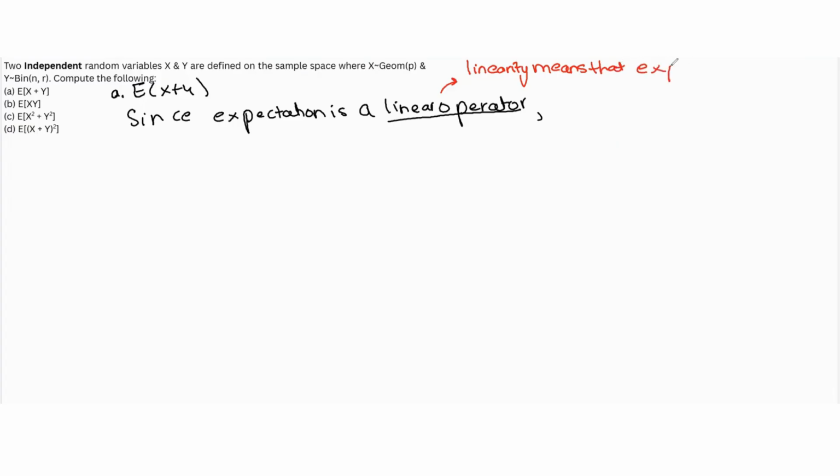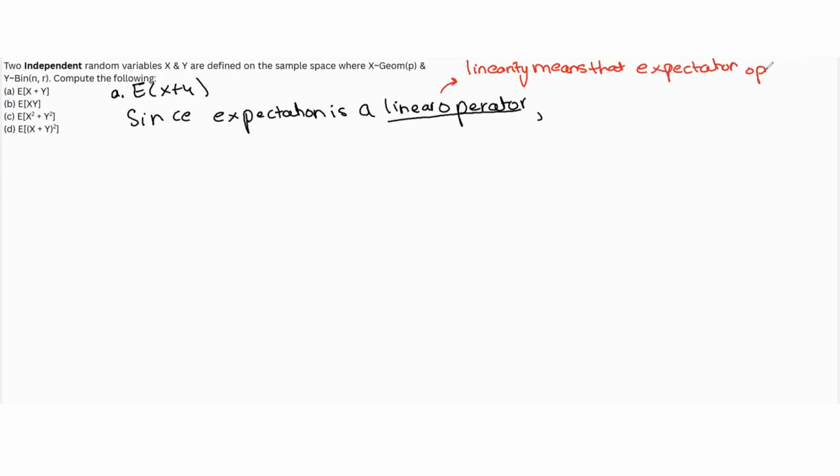And recall, what do we mean by linear operator? Let's just look at that. For this, we need to recall what we mean by linear operator. Linearity means that the expectation operator can go inside summations.